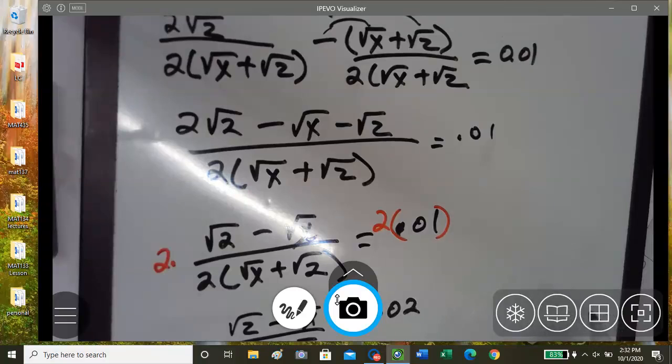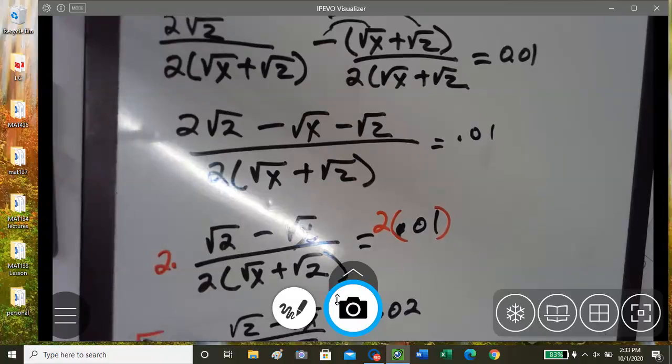Okay, so from here, we want to multiply out this denominator. So the square root of x plus square root of 2, multiply that to both sides.